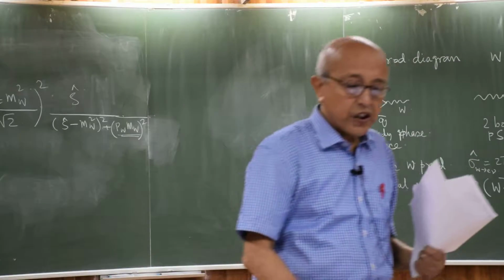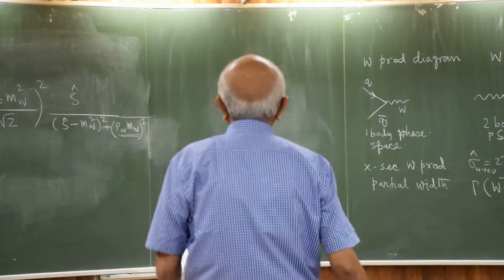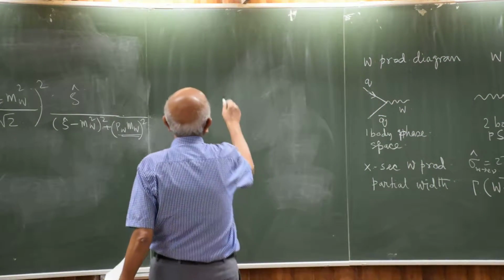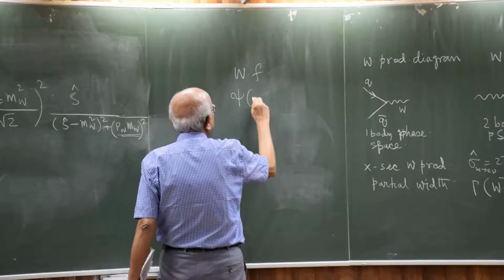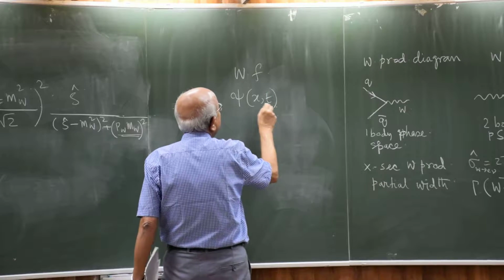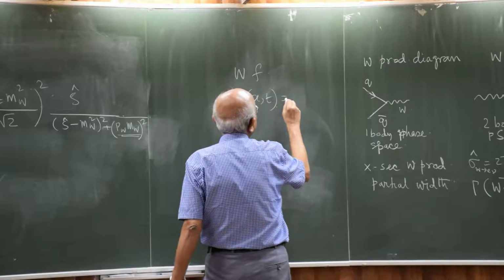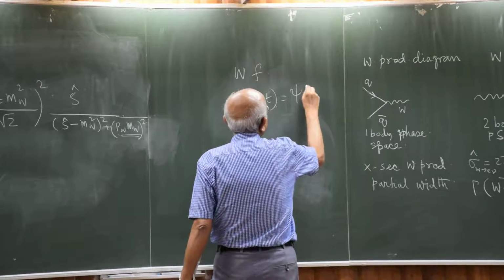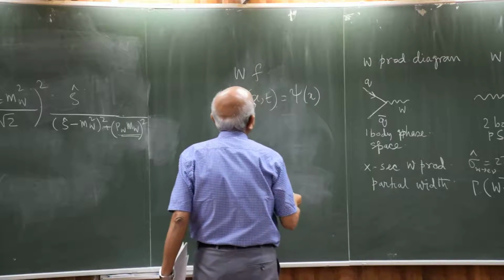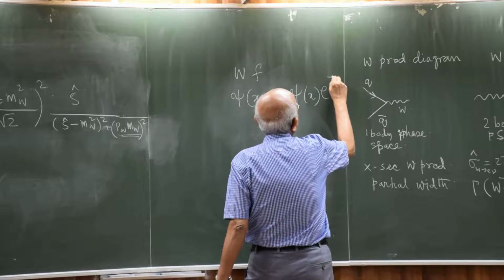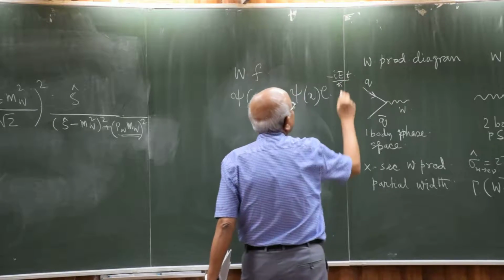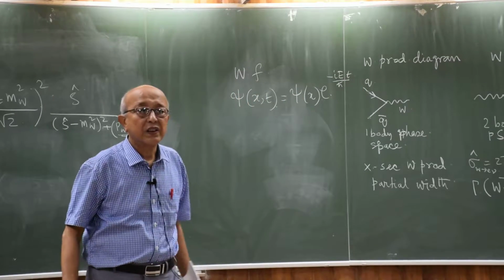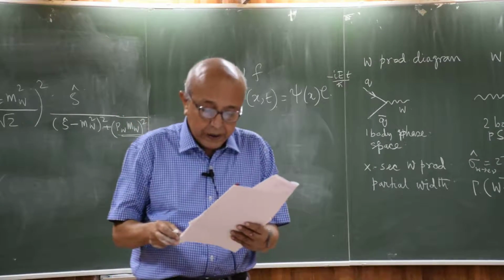So what is the wave function of a free particle in quantum mechanics? I am not worrying about the x dependence, but we all know that this is e to the power minus iEt over h cross. Alright?